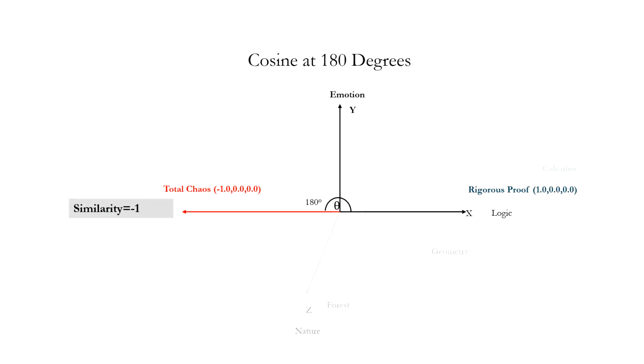Now we've got cosine at 180 degrees, and that's basically the complete opposite, right? So we've got total chaos, negative 100, and then we've got rigorous proof at 100, right? So these are completely opposite, and the similarity is negative 1.